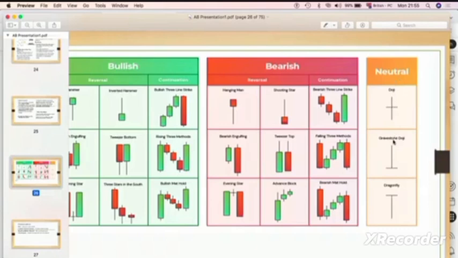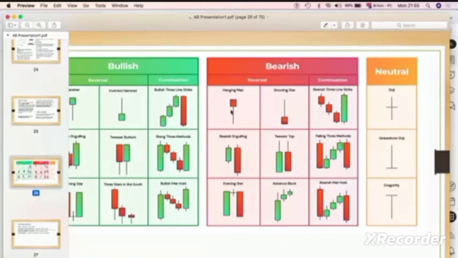So know the difference. Those are neutral candles in which, when you spot them at price levels, you're expecting price to do either a bearish or a bullish reversal, as the case might be.